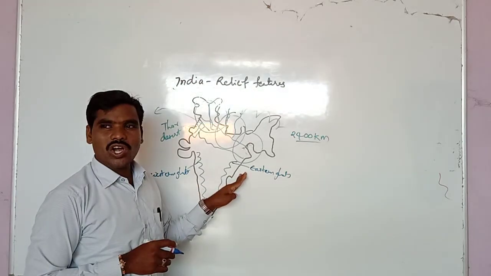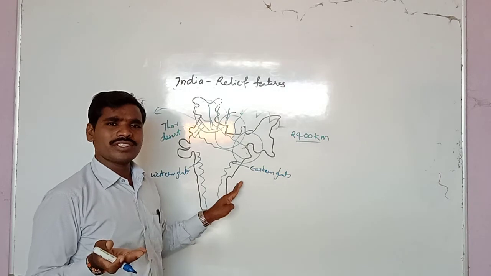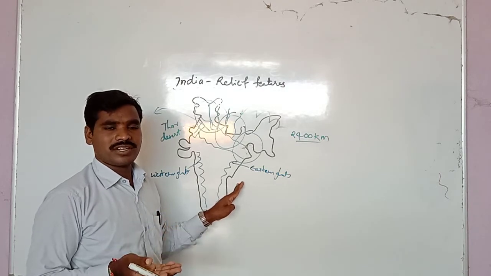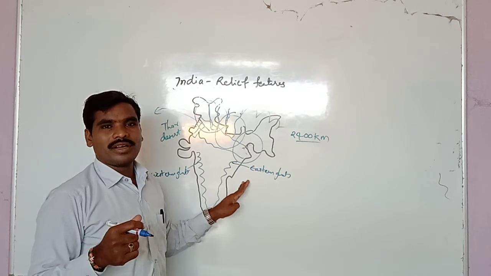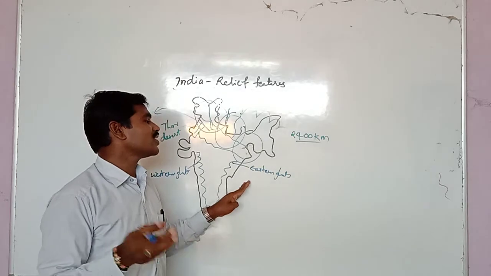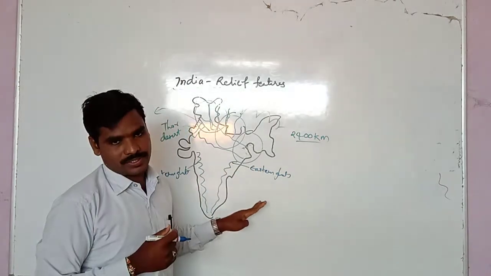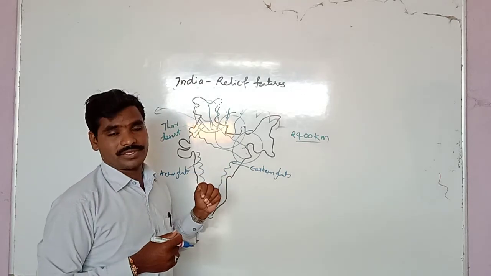East side Eastern Ghats, west side Western Ghats. The best example you can see: have you ever visited Tirupati or Kondagattu? These hills are part of the Eastern or Western Ghats. The Tirupati hills are part of the Eastern Ghats.